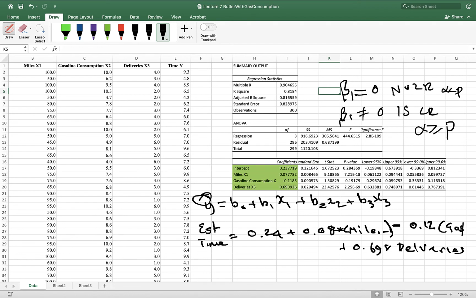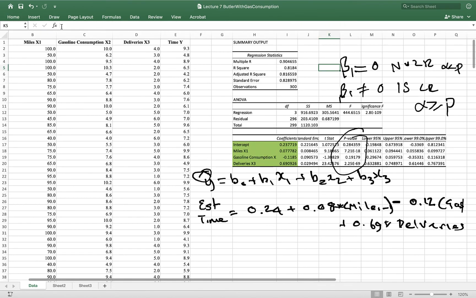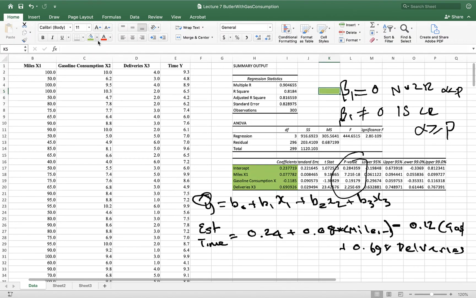So when we look at the p-values here, for miles that's a very small number, and also for deliveries it's a very small number. So if we take any value of alpha, say 5% is a typical value, 5% will be greater than both this figure and this figure.